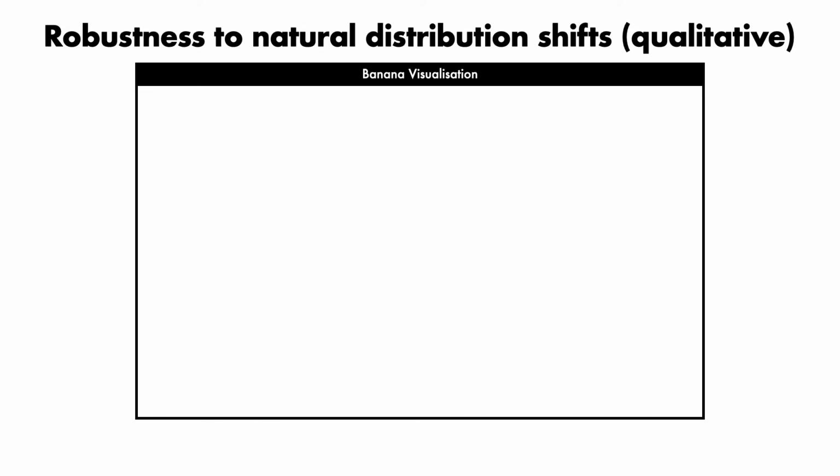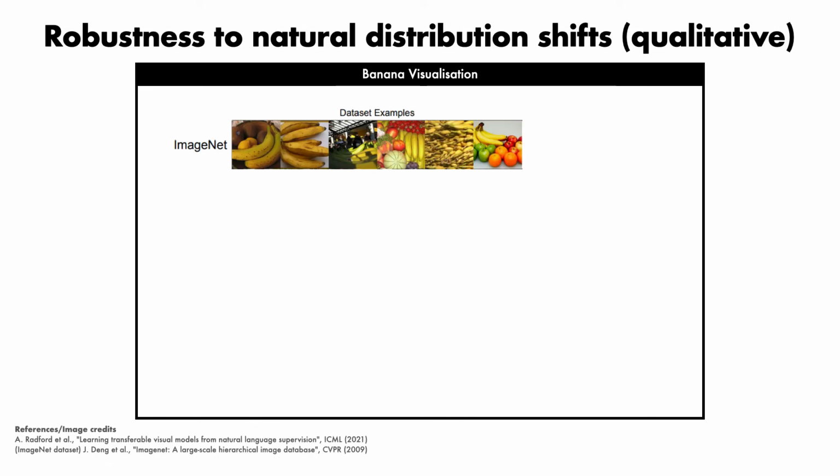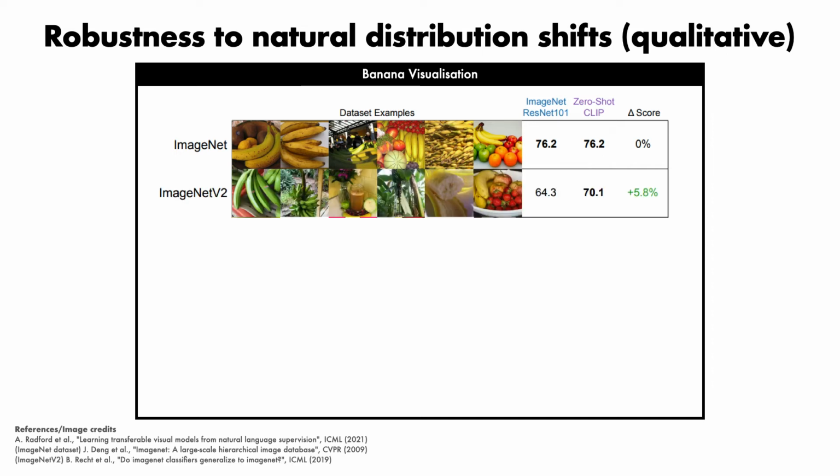We start with examples from the ImageNet validation set, on which an ImageNet trained ResNet 101 and zero-shot CLIP with the best ViT model achieve identical performance. Moving to ImageNet V2, which is a dataset collected from scratch that aims to follow the collection protocol employed by ImageNet, we see both models lose accuracy, but zero-shot CLIP loses less accuracy.